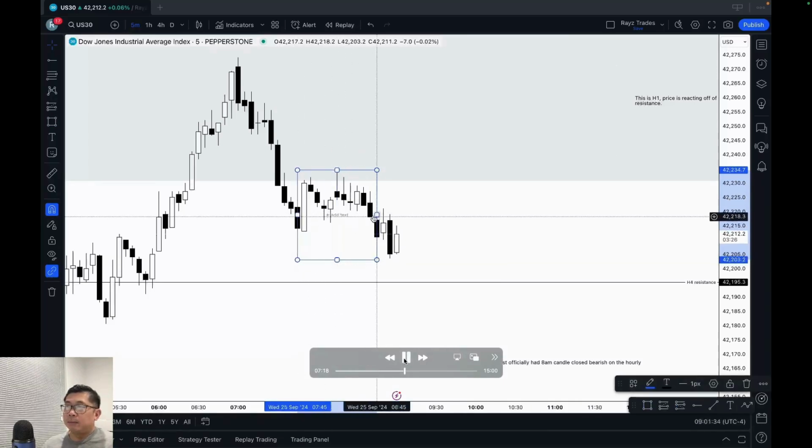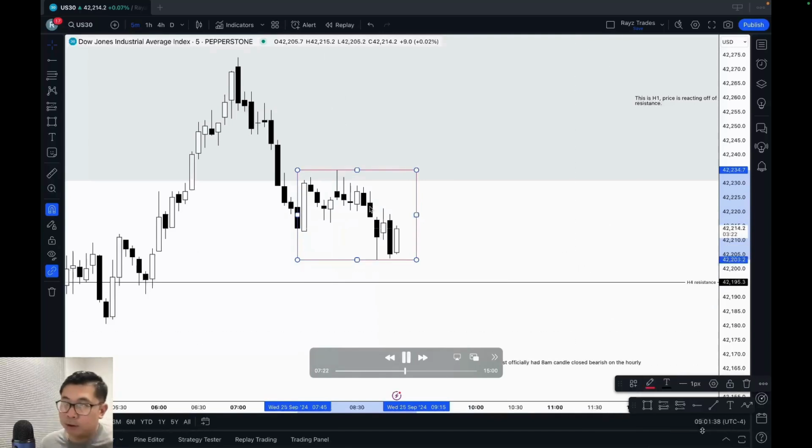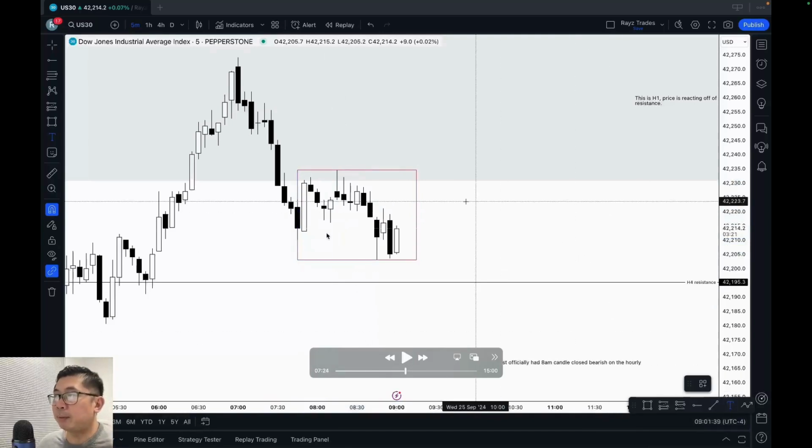Okay, now I've boxed this entire range here. Now it does look like it's going lower, but there's a wick here. I could categorize this as going sideways, in my opinion anyway, or consolidation.